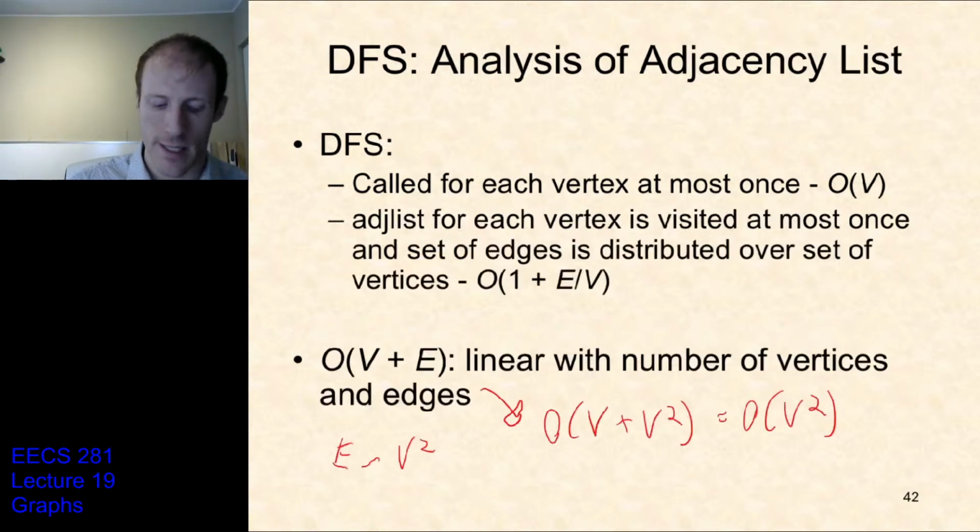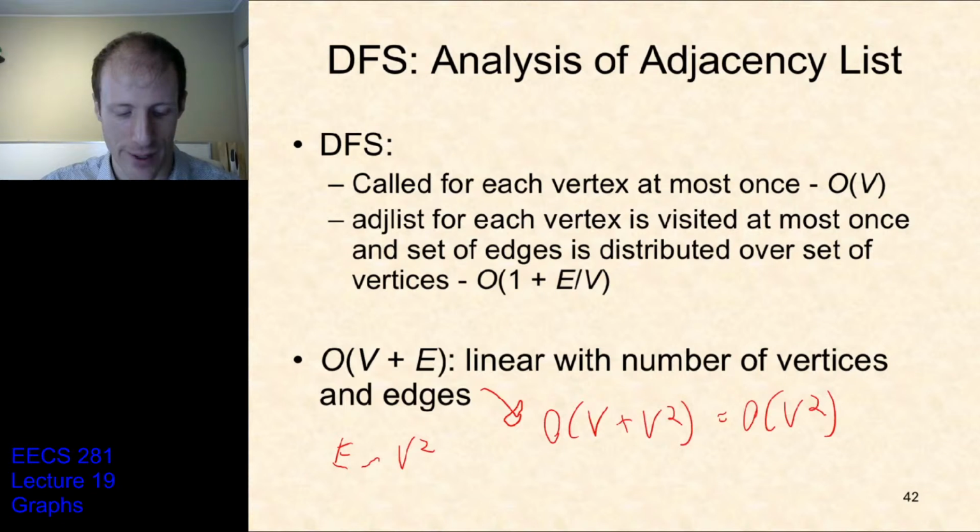And there's a question in the chat about why I have written O of 1 plus e over v here. What is the 1 for? This is just to remind ourselves that if we weren't multiplying by this quantity, the 1 wouldn't really matter. 1 plus e over v is roughly the same as, it is still on the order of e over v.